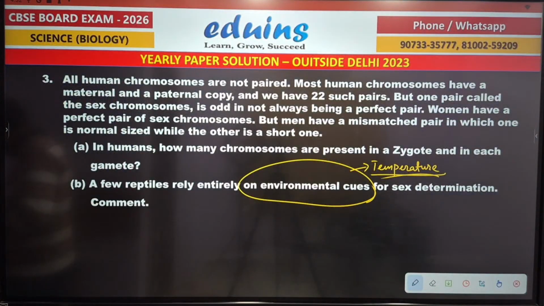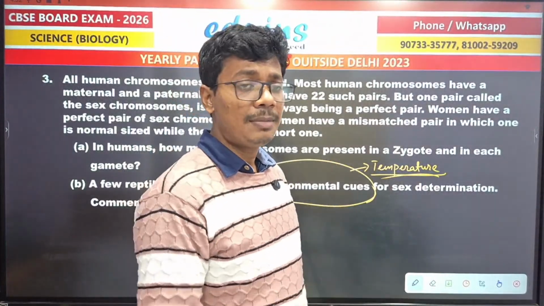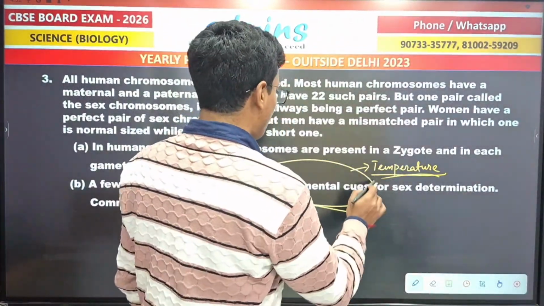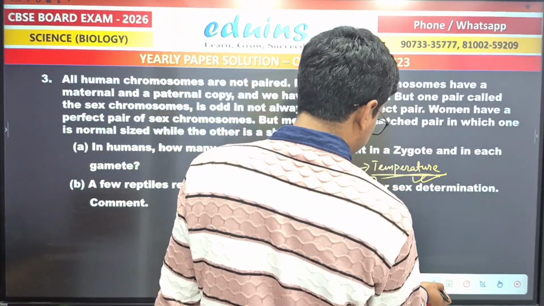In some animals, like the snail, the individual can change their sex under different stress and environmental conditions. So in reptiles like the lizard, male and female individuals are determined by environmental cues, especially the temperature. Okay, let's go.